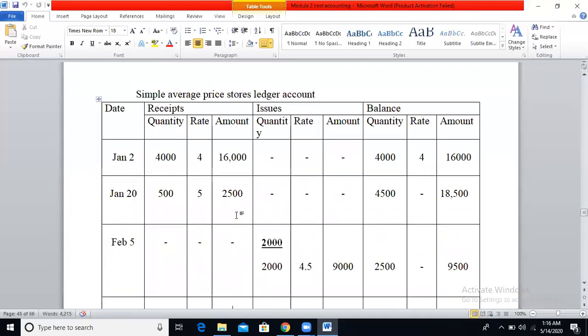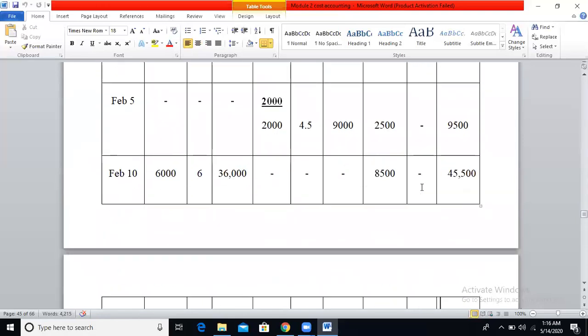So I will tell the difference. Here the format will be same for LIFO, FIFO, simple average and weighted average. For all the four methods, you are having the date column, receipts column, issues column and the balance column. And whenever you are writing in the balance, you have to write the price or the rate only for the first transaction, and for the remaining transactions, no need of writing the dates or price.